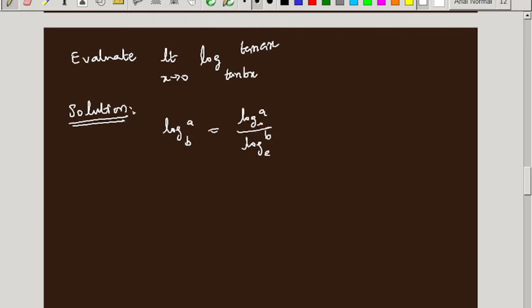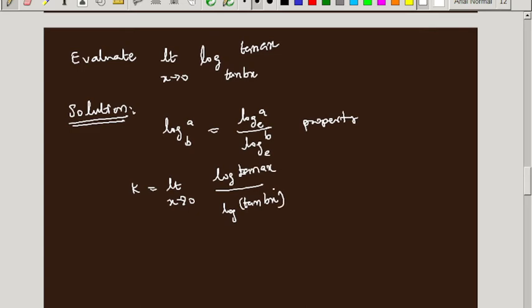So here let us consider e, so that this one we can write it as k equal to limit x tends to 0. So this one with help of this property we write it as log tan ax dividing by log tan bx.